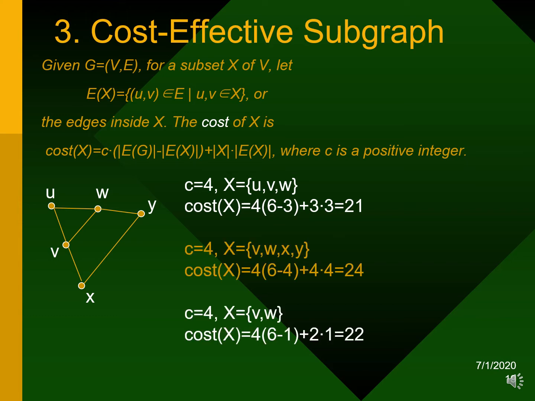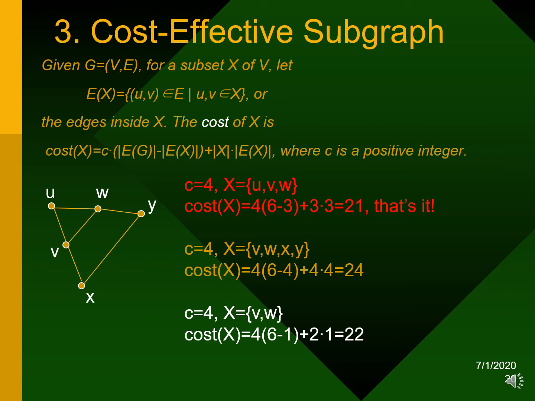And if we instead select these 4 vertices, V, W, X, Y, the weight would be 24. On the other hand, if we select any single edge, let's say VW, the cost would be 22. Since we want the X with a minimum cost, this is what we want, right?